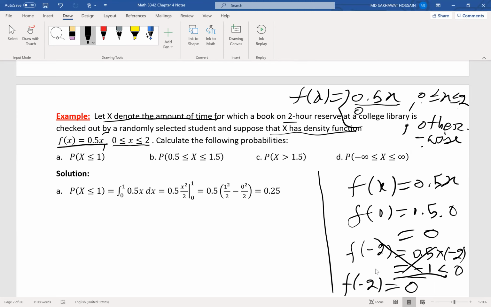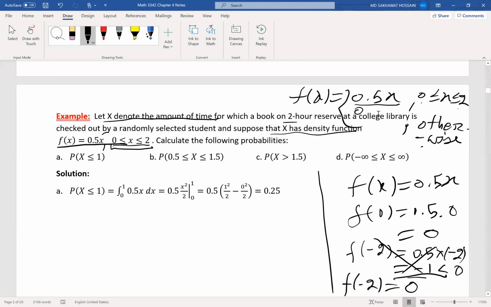So that means if you plug in any negative number, say negative 2, it will always be 0. In the question, they didn't mention it, but you have to consider that for the other values of x, the function is always 0, because this is a density function and the function is defined only for x from 0 to 2.